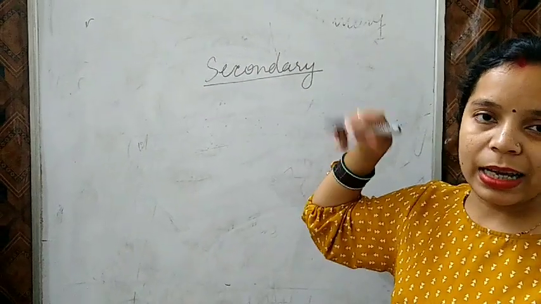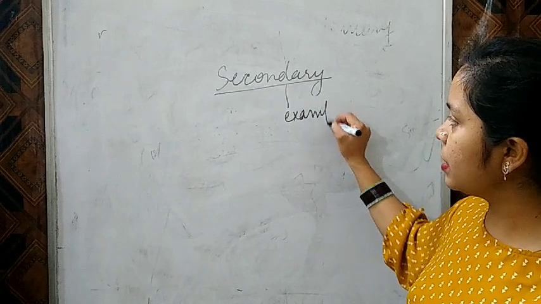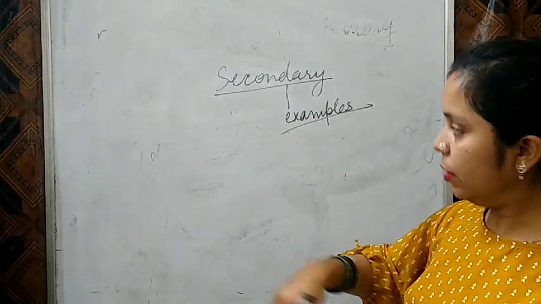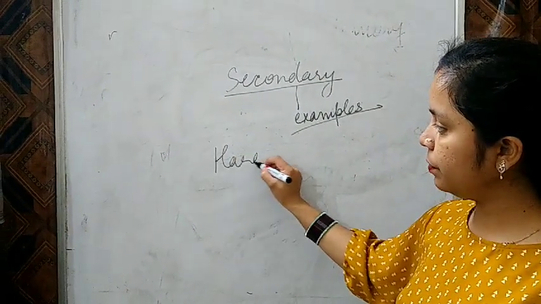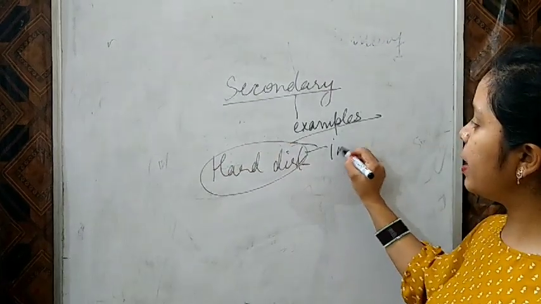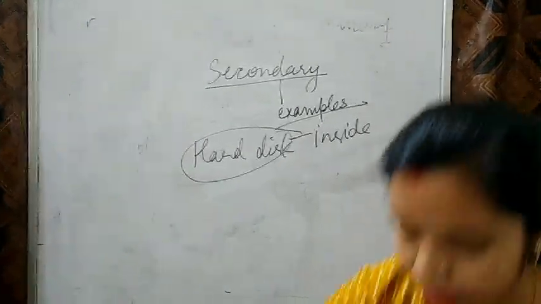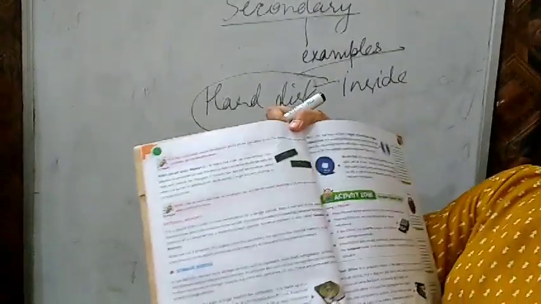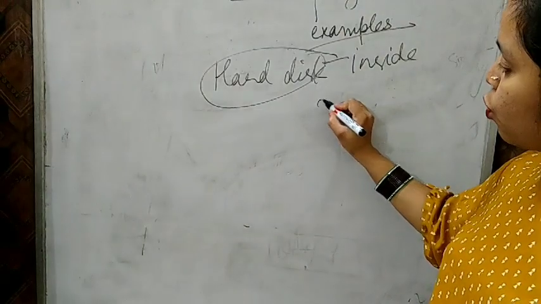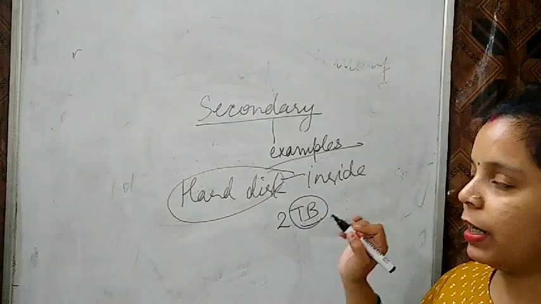And there are some examples of secondary memory devices, like the hard disk. The hard disk is present inside the computer. One device is like this. This is your hard disk, and it can store 2 TB of data. 2 TB means 2 terabytes of data.